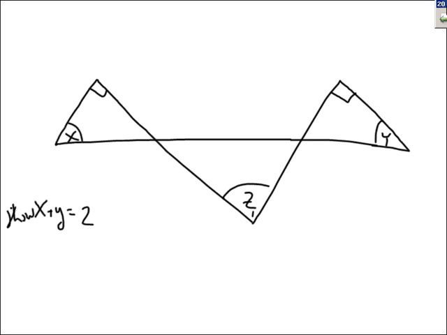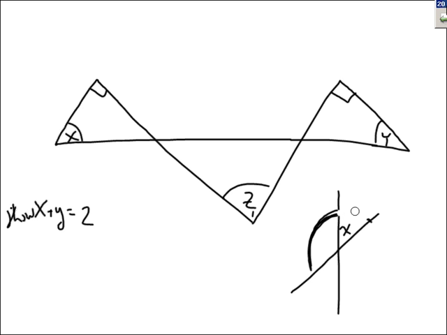Okay. Now, I guess I need to prove something first. I want to show you that opposite angles are equal. If I call this angle x, then this, remember, this whole angle is 180. This whole angle is 180. It's a straight line.